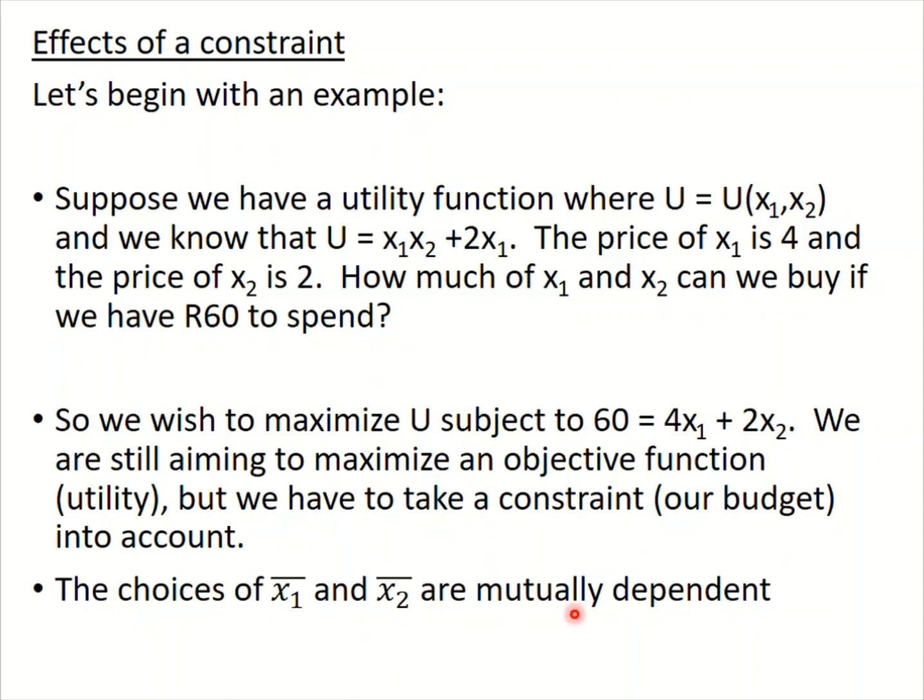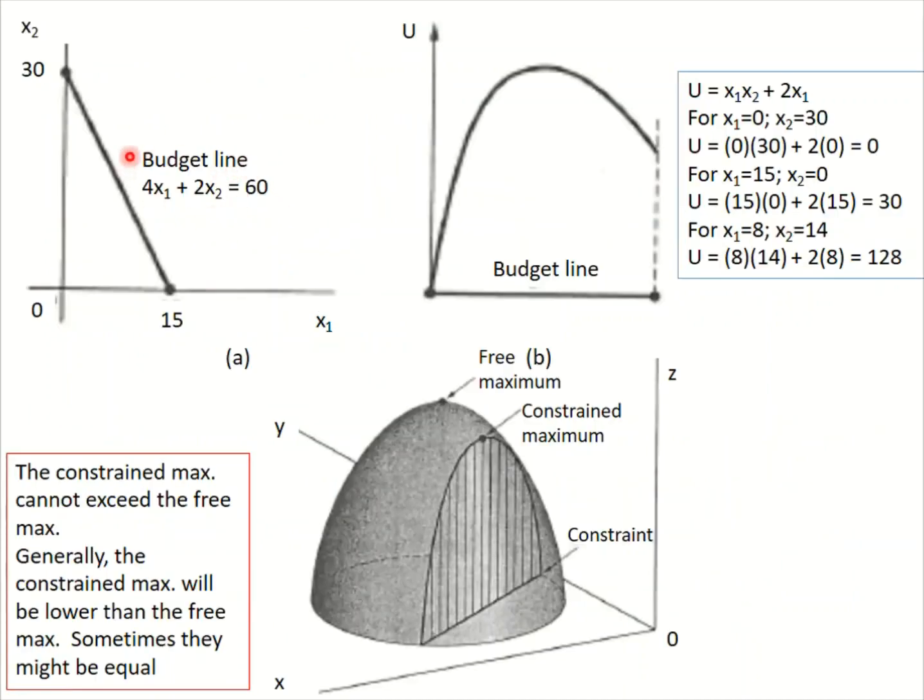They are mutually dependent. If we want to consume more of X1, we would need to reduce our consumption of X2 and vice versa. Let's understand our utility maximization problem with a few graphs.